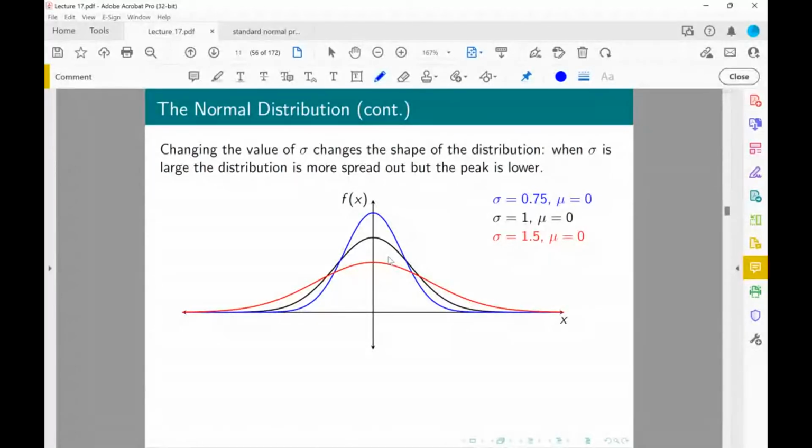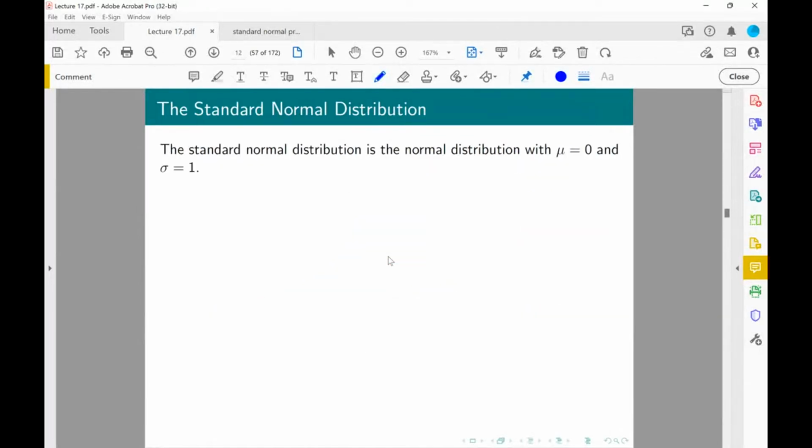Now, this one with sigma is 1 and mu is 0 is a very standard one, hence the name. It's the standard normal distribution, and we perform all our calculations on the standard normal distribution.